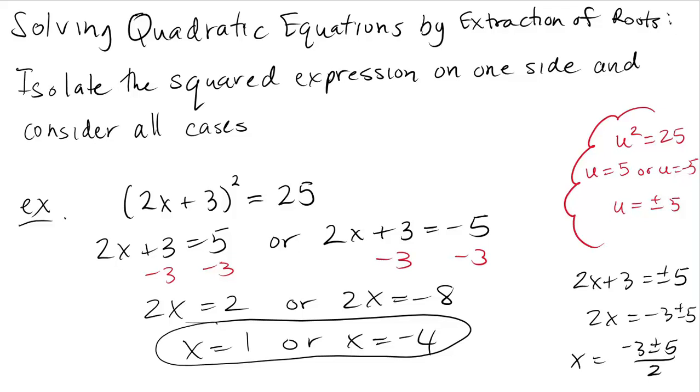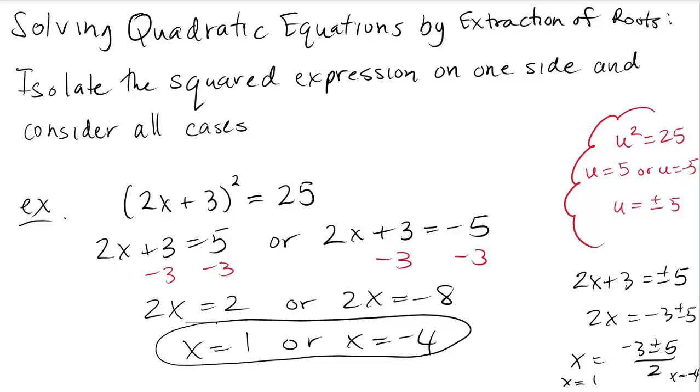That's negative 3 plus 5 over 2, and negative 3 minus 5 over 2. And you can do that arithmetic. Negative 3 plus 5 over 2 would be 1, and negative 3 minus 5 over 2 would be negative 4. And you get the same solutions, but to me that's a bigger mess than necessary. The plus or minus notation is really useful in two scenarios in my opinion. When you can't simplify anything, or as a part of the quadratic formula, which we're going to look at later.